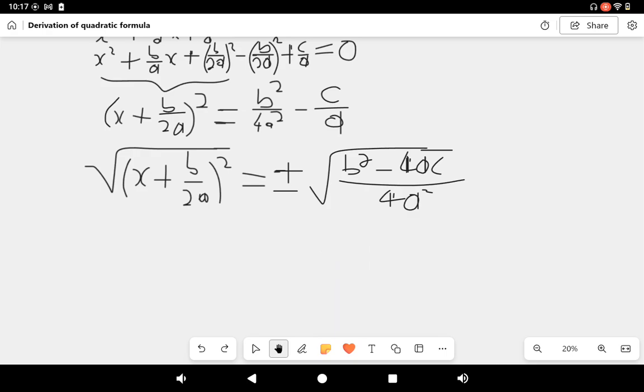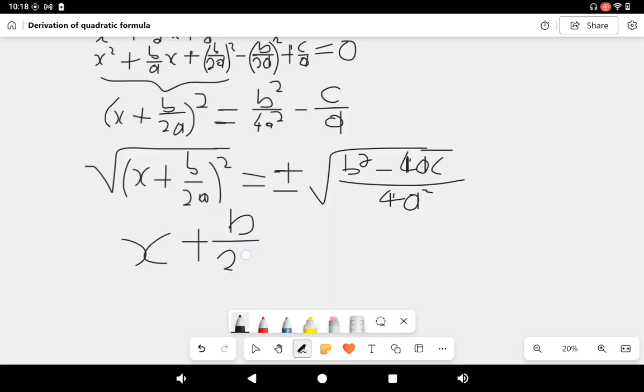So now the square root simply is just gonna cancel that square on our left hand side, so you're gonna remain with x plus b over 2a, right?